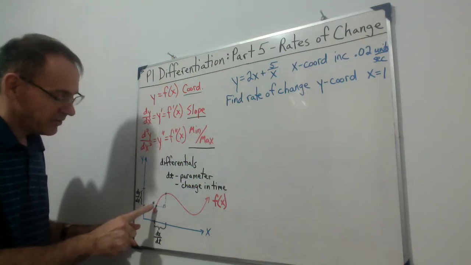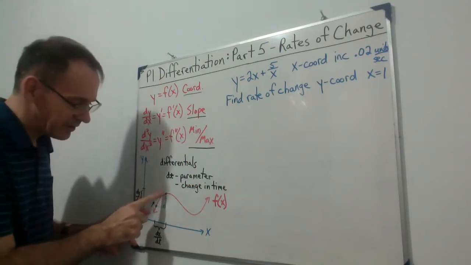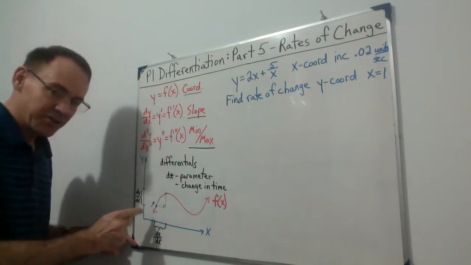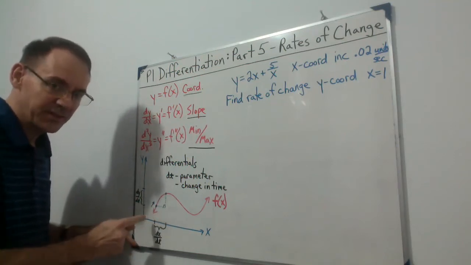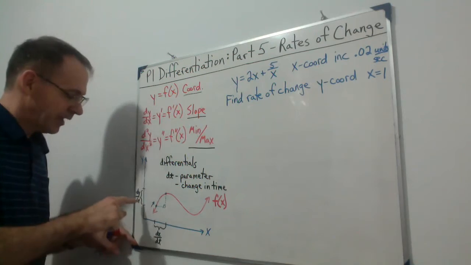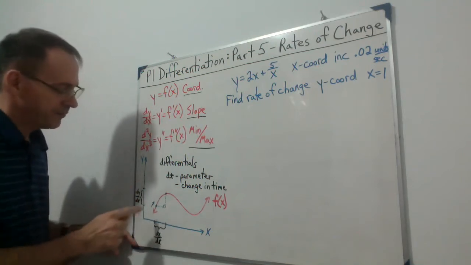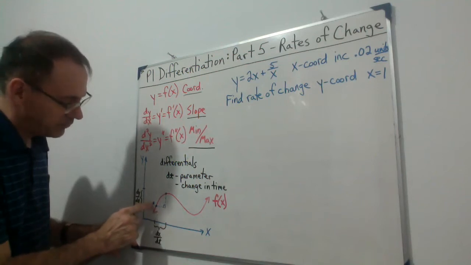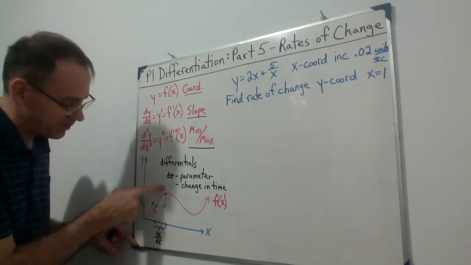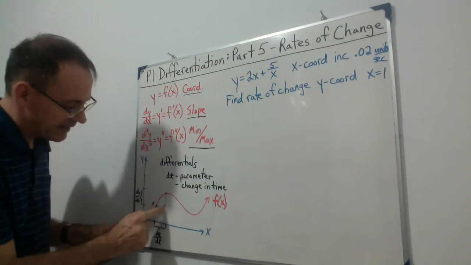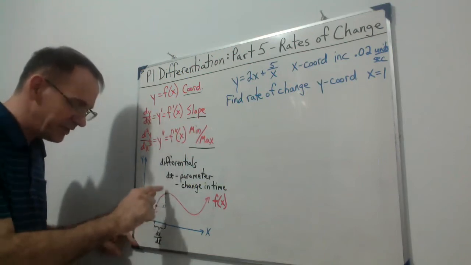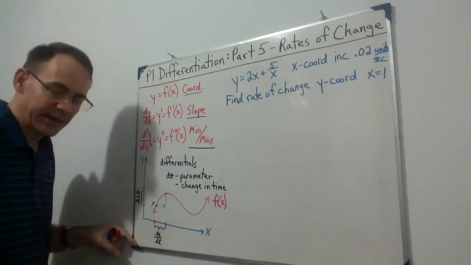As this point moves from this first spot over here to the second spot, it's going to be covering some distance along the x-axis, and it's also going to be covering some distance along the y-axis. So here you can see as it moves from this point up to this point up here, you see the change in x, and you see the change in the y value.